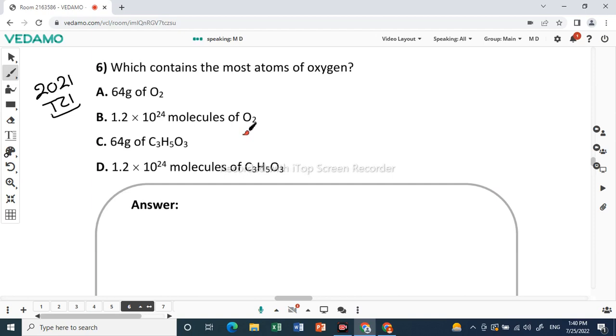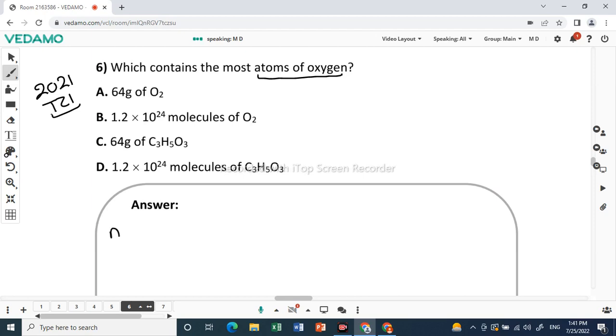Question number 6 is also considered a challenge question, and you're going to find out why. We will apply a lot of math. Question number 6: which contains the most atoms of oxygen? Another time I need to calculate the oxygen atoms, but there are A, B, C, D, so I need to apply it 4 times in order to find the oxygen atoms and to compare.